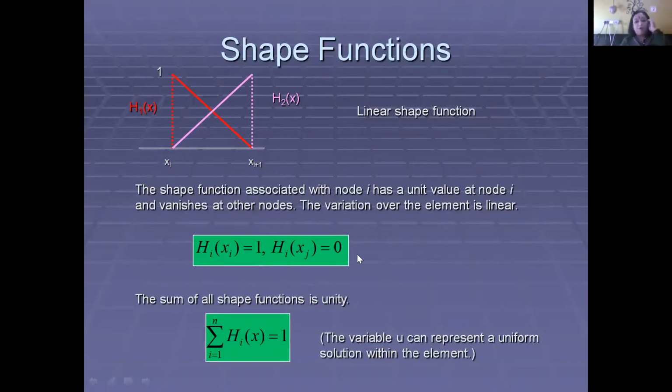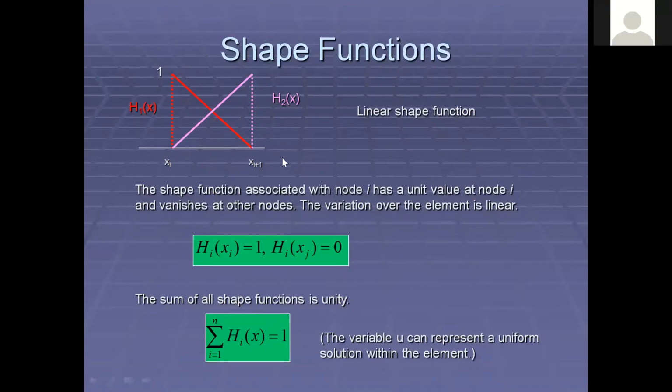There is one more condition which must be obvious from this figure. Let's say the distance between xi and xi plus 1 is 1. Now, if I'm at the midpoint, what would be the value of h1 at this point? What would be the value of h2 at this point? 0.5, 0.5.